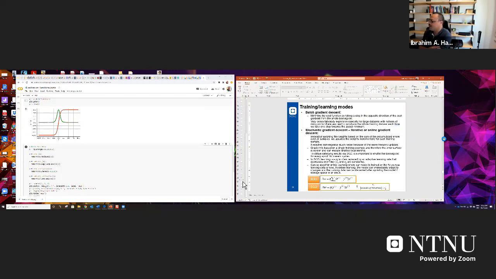This is a problem because we need to keep all data points in the memory, since we will make those calculations each epoch. So we need to have really a good computer with good memory, and it's computationally expensive also because we will calculate the gradient for the whole data set, and we will use the cost gradient one time from the whole training data set for adjusting the weights.